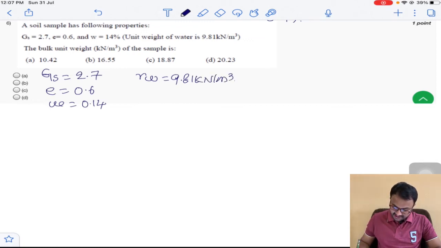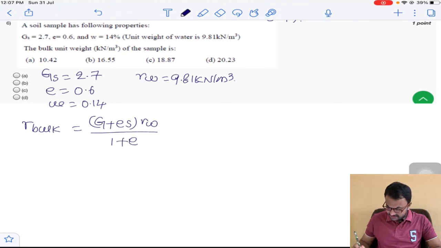So now what he has asked is the bulk unit weight, in kilonewton per meter cube, of the sample. We have a direct relation to calculate bulk unit weight. So gamma bulk is equal to (G plus eS) into gamma W divided by 1 plus e. In this expression, we don't have the value of S. Okay.